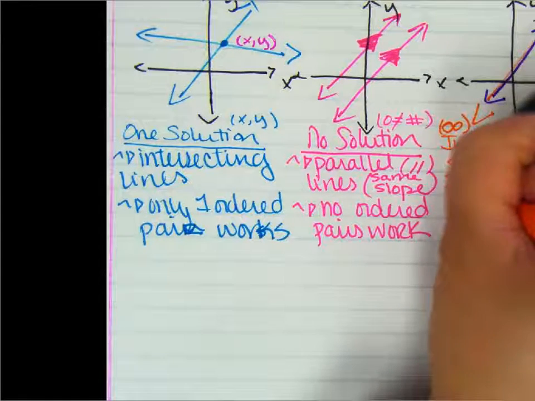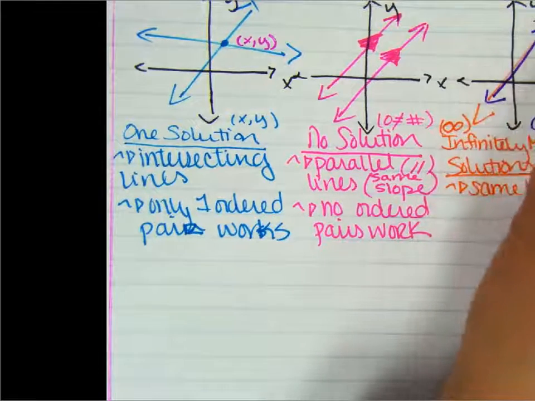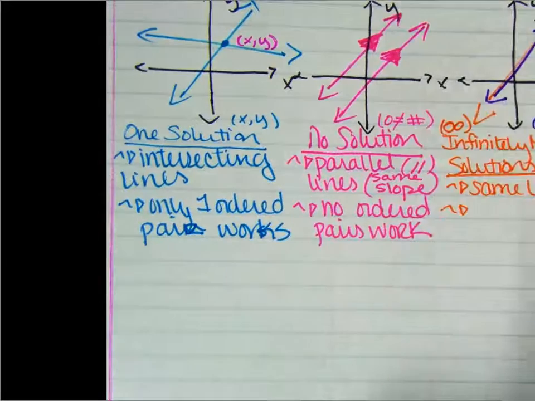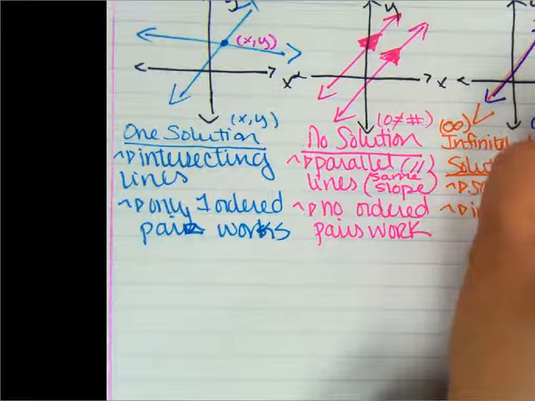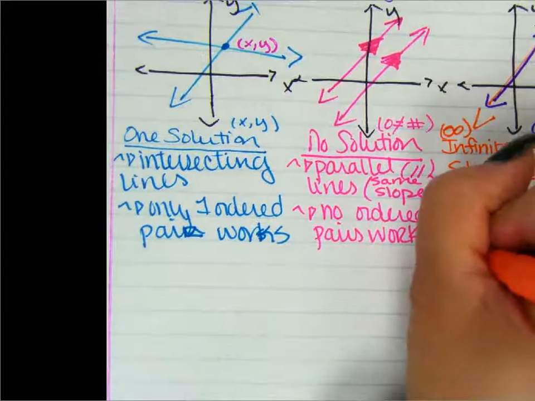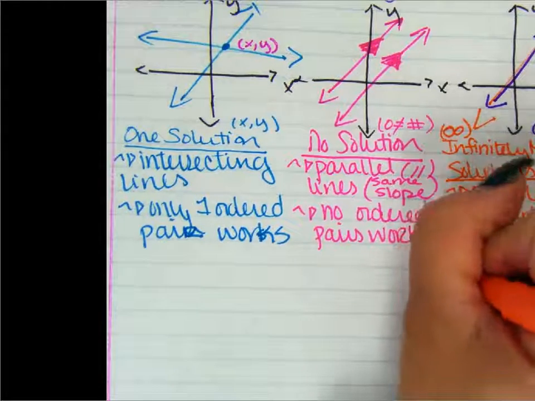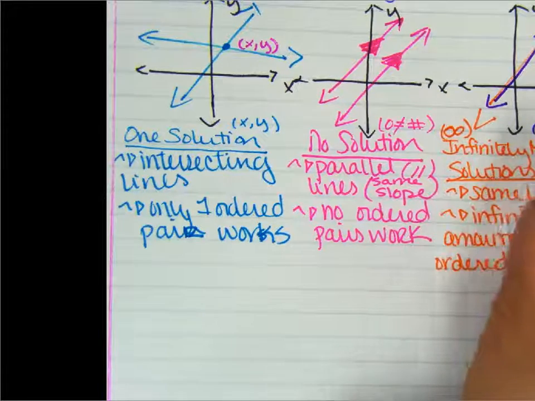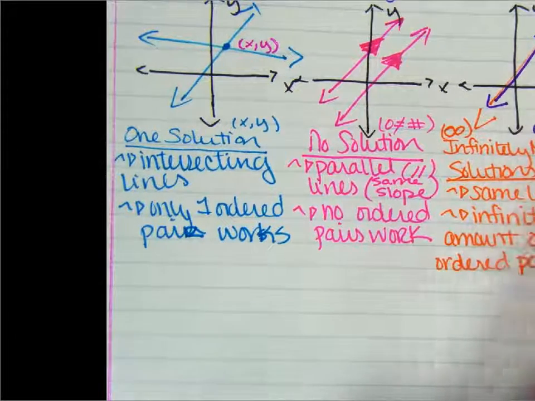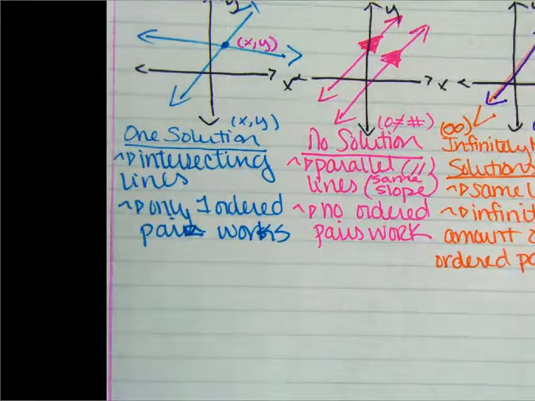It means they are the same line. It also means you have an infinite amount of ordered pairs that work, because every point on these lines is a solution.